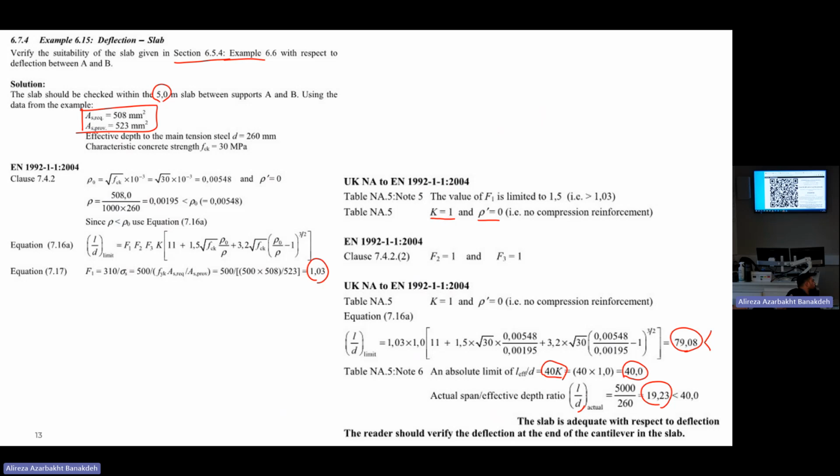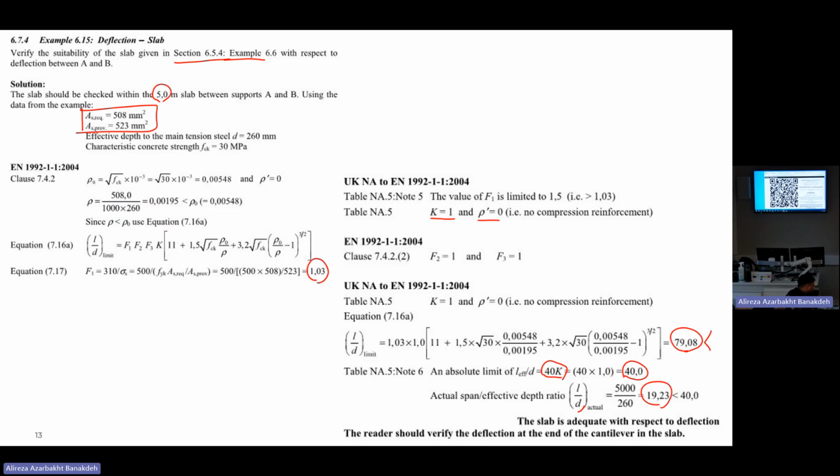That's the whole thing for the deformation control. And usually in conventional cases of design, when we design for forces, deformations are fine. But when there are particular cases like long spans or long cantilevers, the deformation will govern.